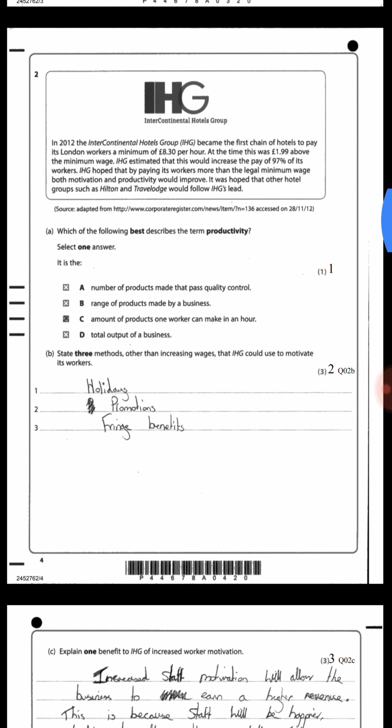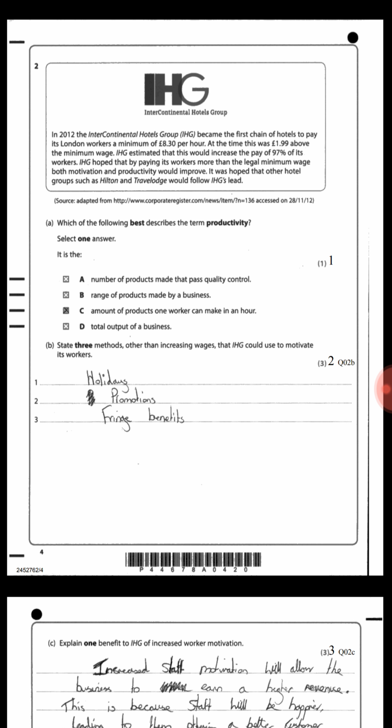Right, question number 2. Now we're looking at an actual case study here. This case study is on IHG, which is the Intercontinental Hotels Group. And it's a chain of hotels, and it was the first chain of hotels to pay its London workers a minimum of £8.30 per hour. At the time, this is £1.99 above the minimum wage.